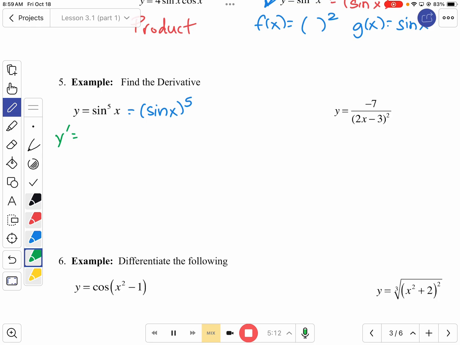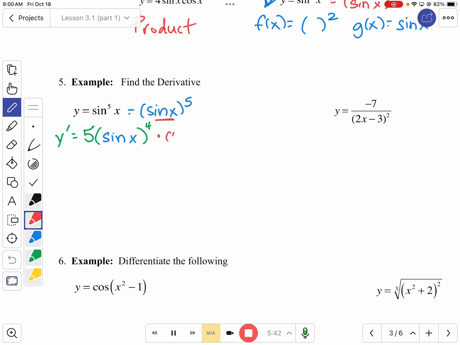I would do what with the 5? If it was just x to the 5th, what would I do? Put it in front, and then I'd take it to what power? The 4th. We're going to keep the thing that was inside. Then we have to take the derivative of the inside. So what's the derivative of sine? Cosine.